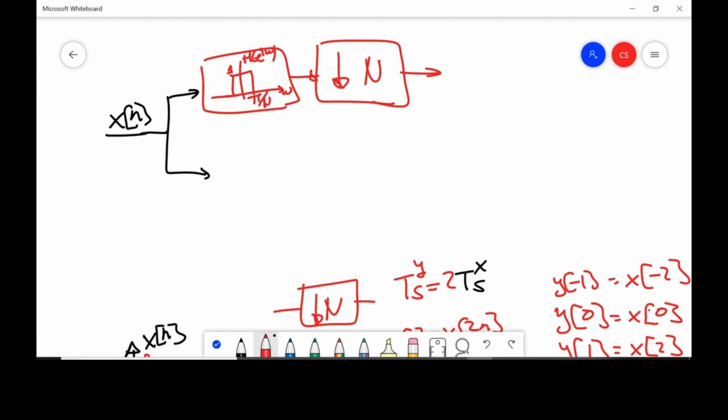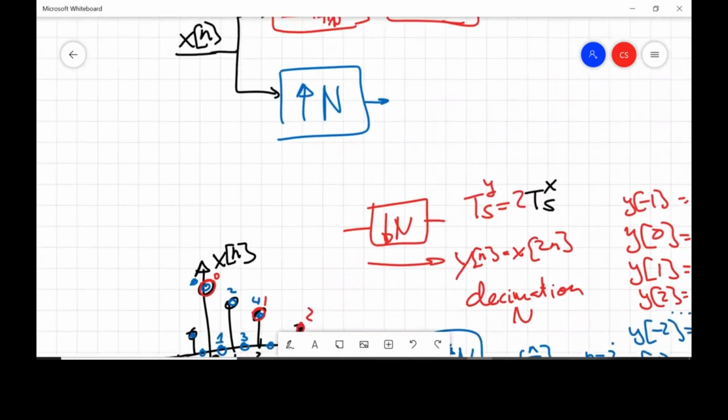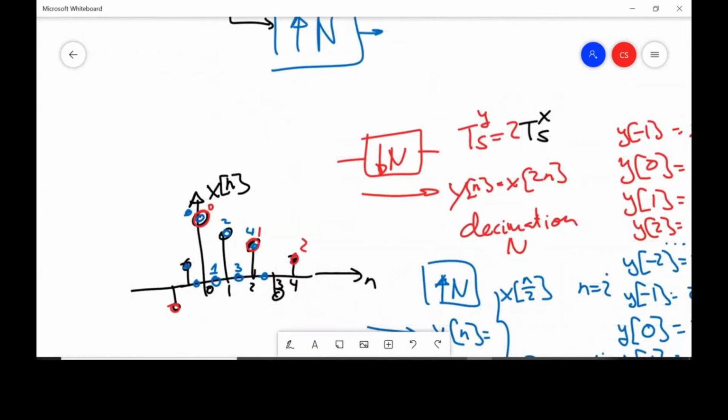Okay, so what about the upsampling? With the upsampling, are we losing information? We are not losing information. So we don't have to apply an anti-aliasing filter. But we have a different problem. We don't have aliasing, but we have some unpleasant zeros there.